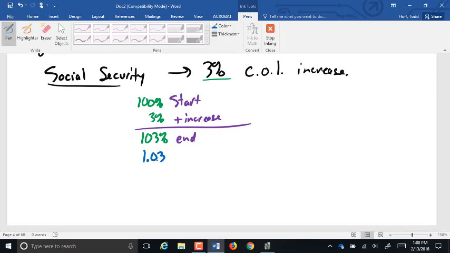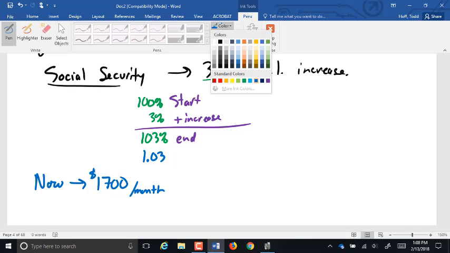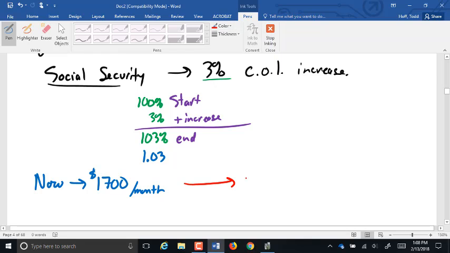So we're going to take an initial amount. Let's say that right now, you are receiving $1,700 a month. And let's say you just received your increase. So how much will that be in 4 years?